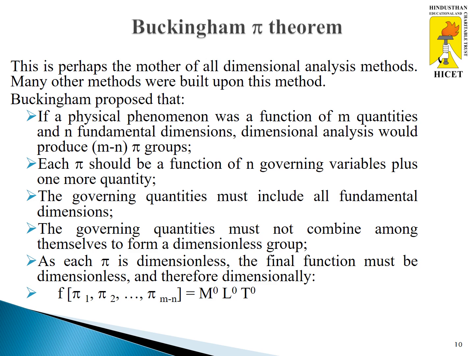The governing quantities must include all fundamental dimensions. The governing quantities must not combine among themselves to form dimensionless groups. Each pi is dimensionless. The final function must be dimensionless and therefore dimensionally f of pi 1, pi 2, etc. pi of m minus n equals M0 L0 T0.